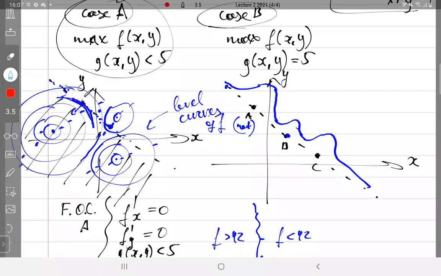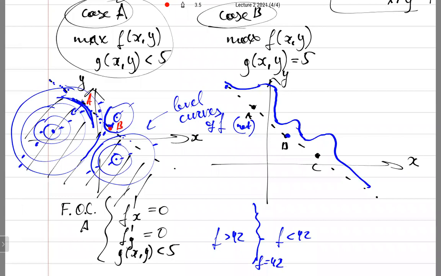Okay, if I consider the point B, I will copy coordinates. Let's use red color. This is A, this is B, this is C. If I'm at the point B, can I increase locally my height without violating my condition that g of x and y should be less or equal to 5?